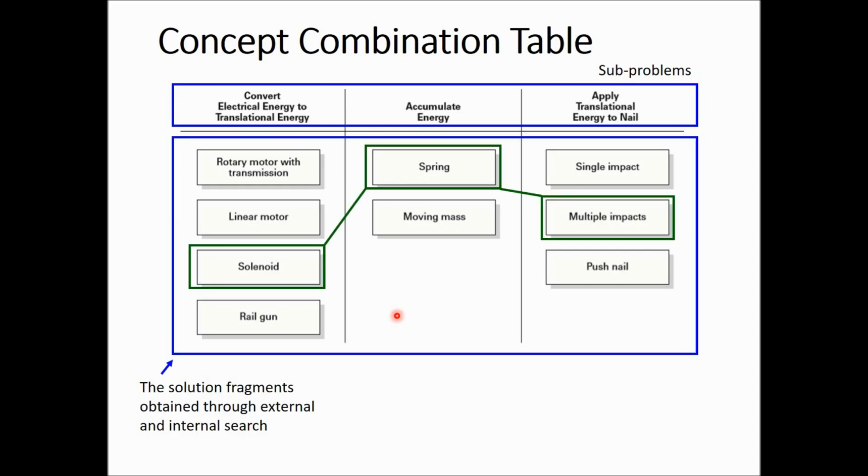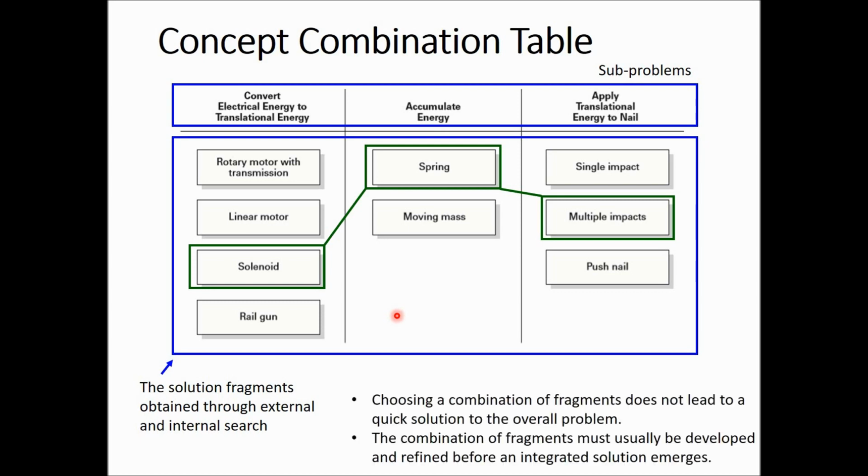Once you identify all fragments, then you can combine the technologies or the fragments in each column, as you can see here, to find a solution to represent that category of subproblem. Now, identifying one particular combination is not enough at all to make the final conclusion.